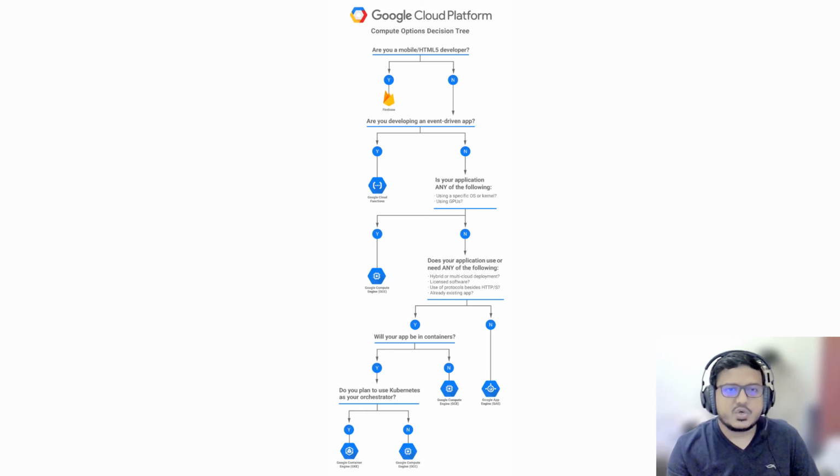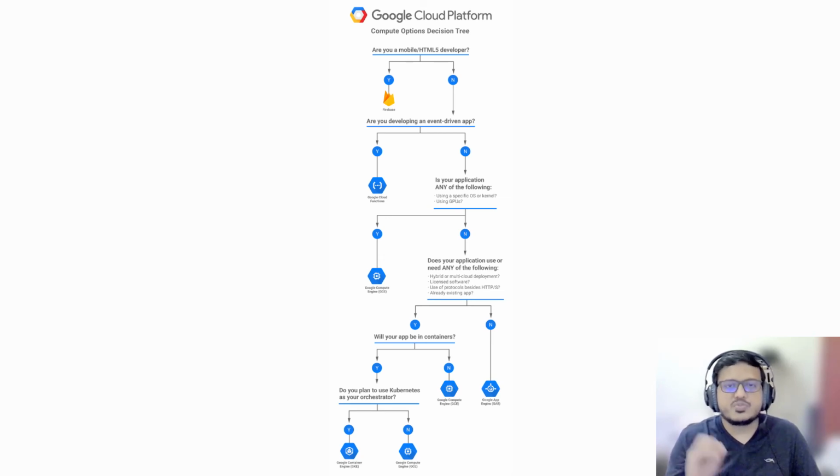All right, so let's move on to the next compute type, that is App Engine. So Google App Engine is a great choice when you want to focus on your code or application development and let Google handle your infrastructure.